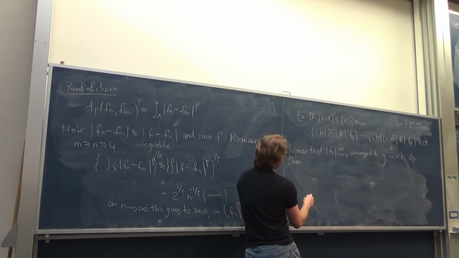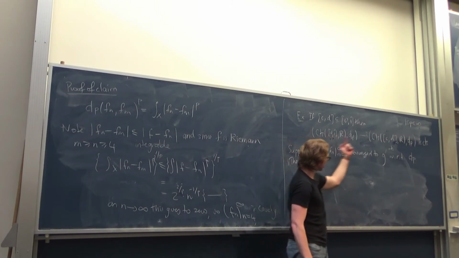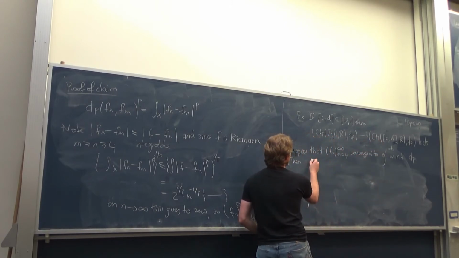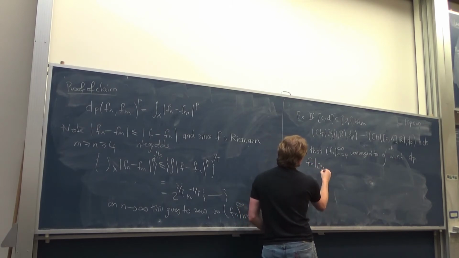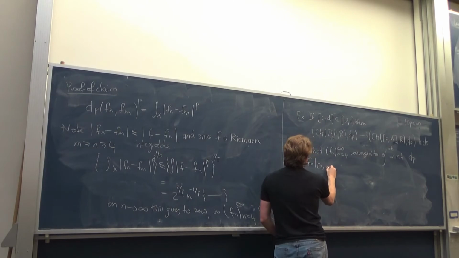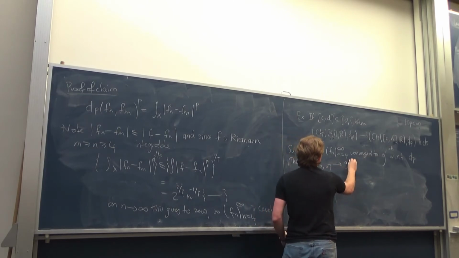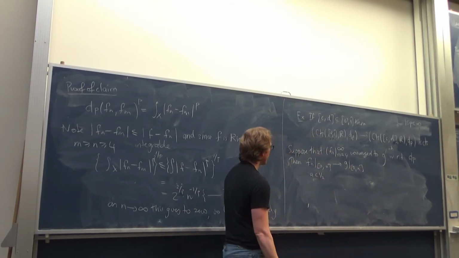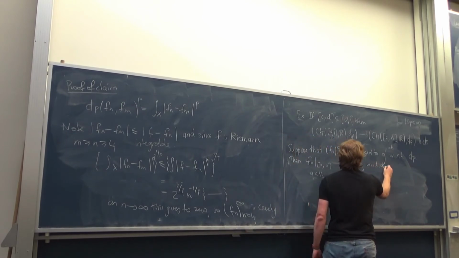Well, then, that's convergence with respect to dp. If I apply a continuous map to a convergent sequence, it remains convergent. So that means that Fn restricted to [0, a], a anything less than a half, converges to G restricted to [0, a] with respect to dp.